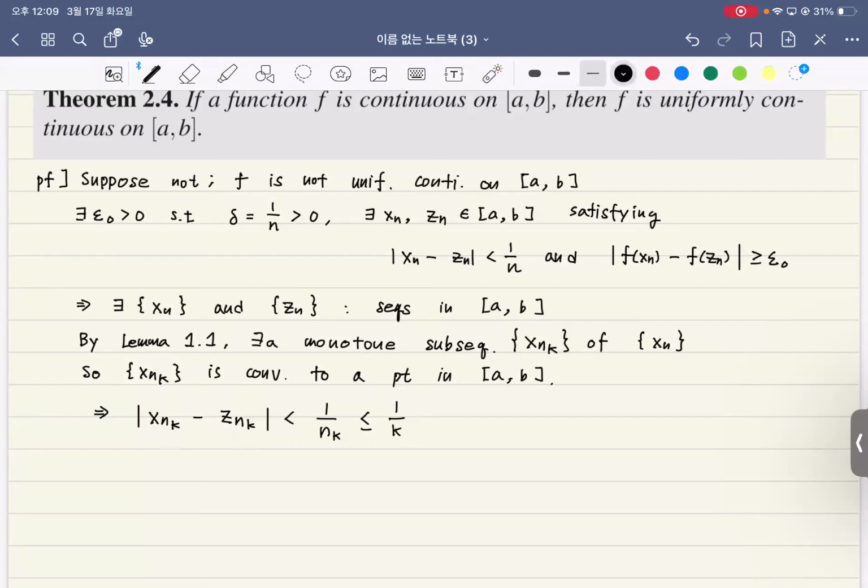But in order not to mess up the indices, we have to rearrange the indices. From now on, I will just call x_{n_k} just xk, and z_{n_k} is going to be zk.